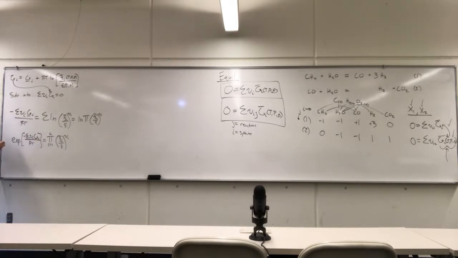So we can write, and these are on the equation sheet, the partial fugacity as a function of the partial fugacity coefficient. We can also write this then as the pure species fugacity coefficient.